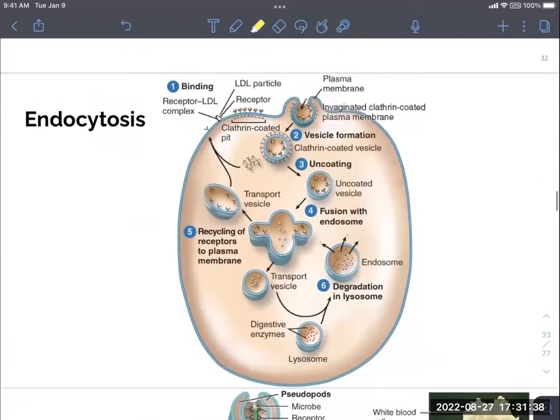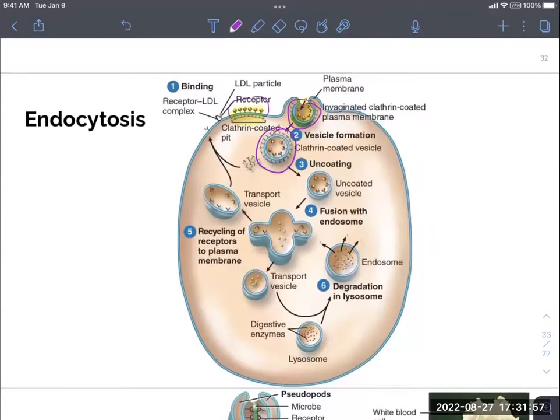So here is endocytosis. We have particles here that need to go into the cell. The plasma membrane will come up and around, and it forms a vesicle here.